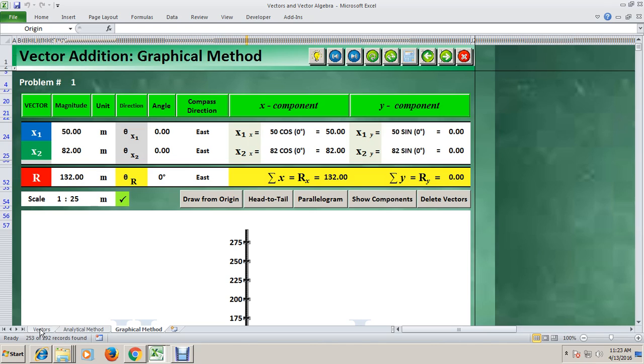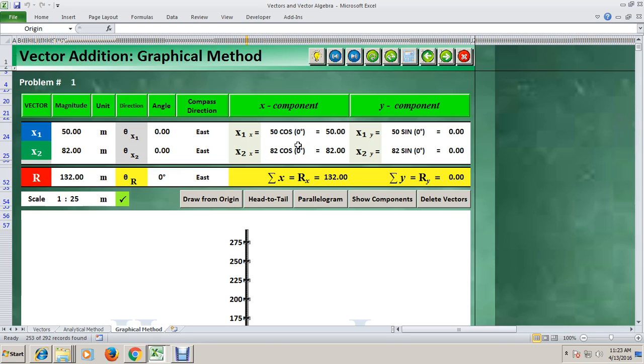Now take note, it is not always that x is associated with cosine and y is associated with sine. This is not always the case. What we need to learn here is to determine which trigonometric function should be employed, whether to compute for x or to compute for y.